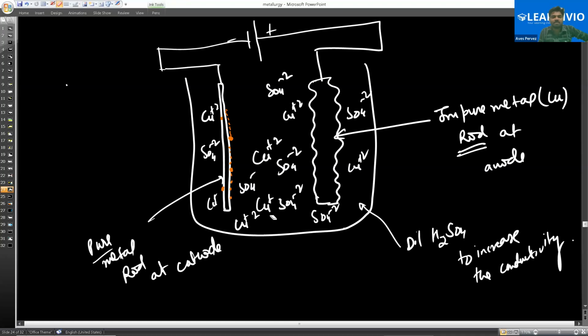If you remove all the copper ions from it, the solution will become negatively charged. There will be more concentration of sulfate ions, and the solution will become negatively charged.